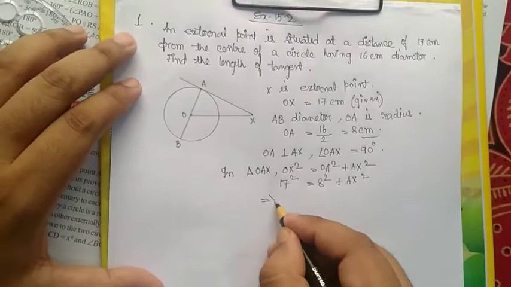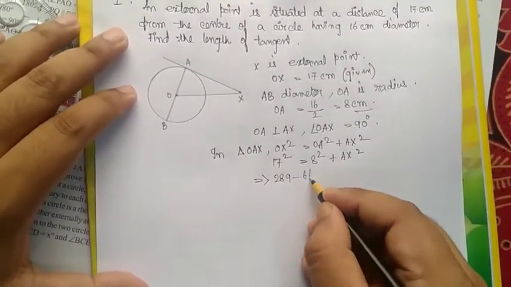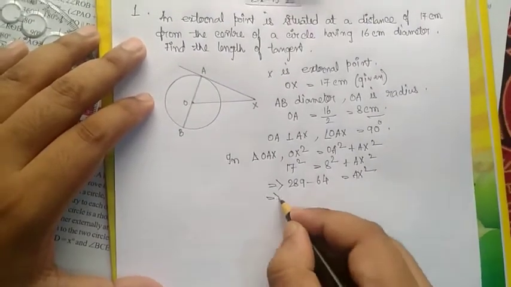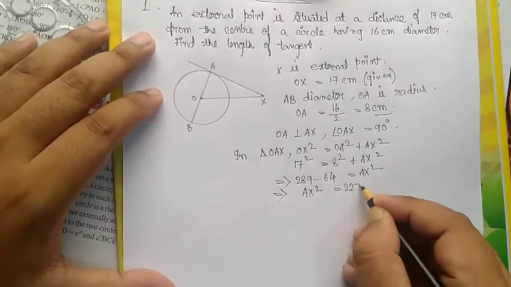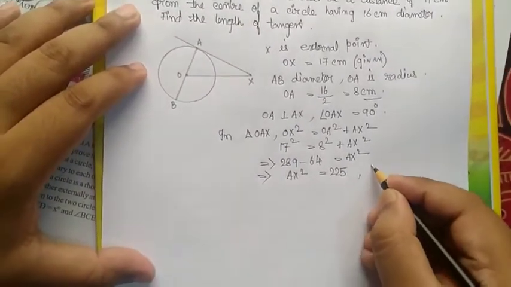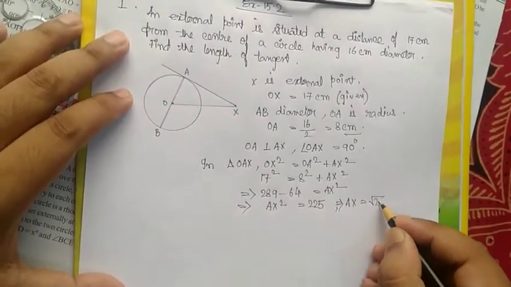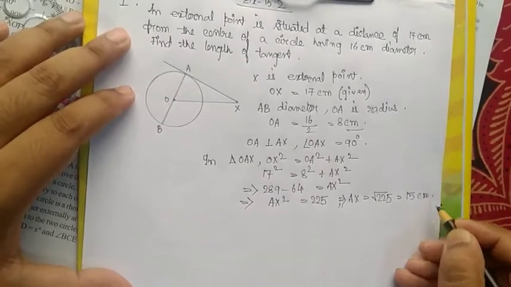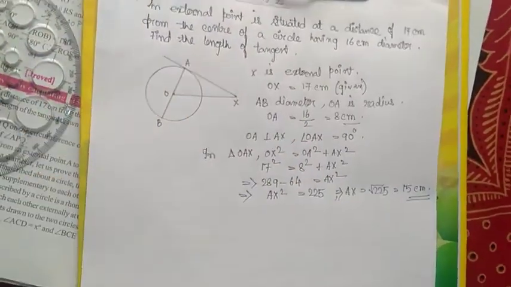So 289 minus 64 equal to AX square. So AX square equal to 225. AX is equal to root 225 equal to 15 centimeter. So we can say the length of the tangent is 15 centimeter in the first sum.